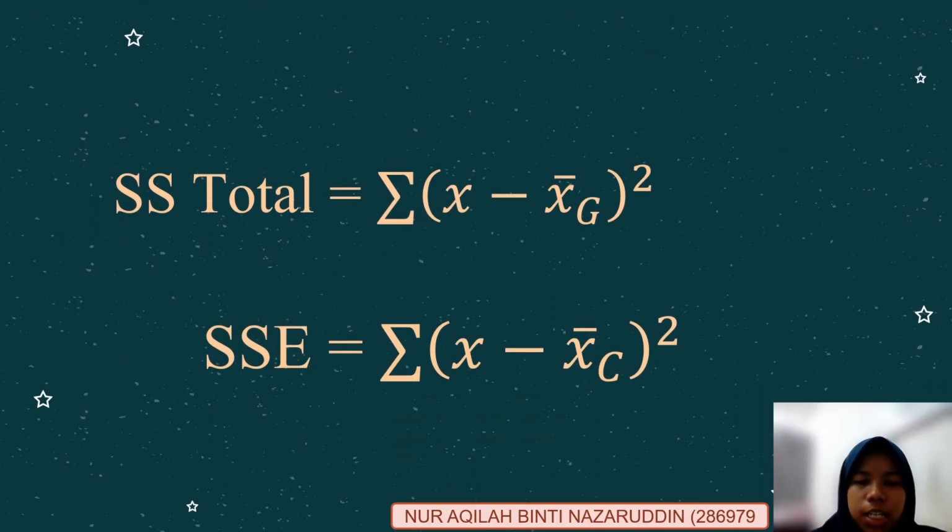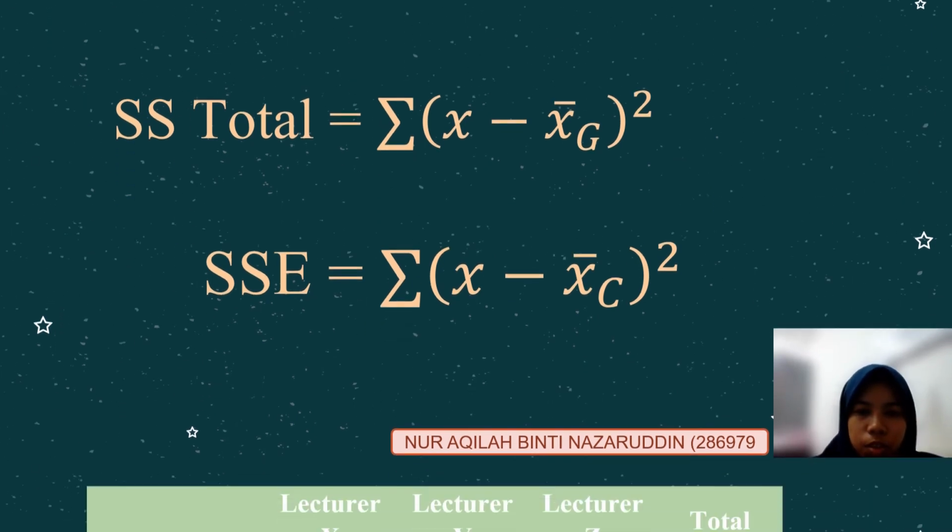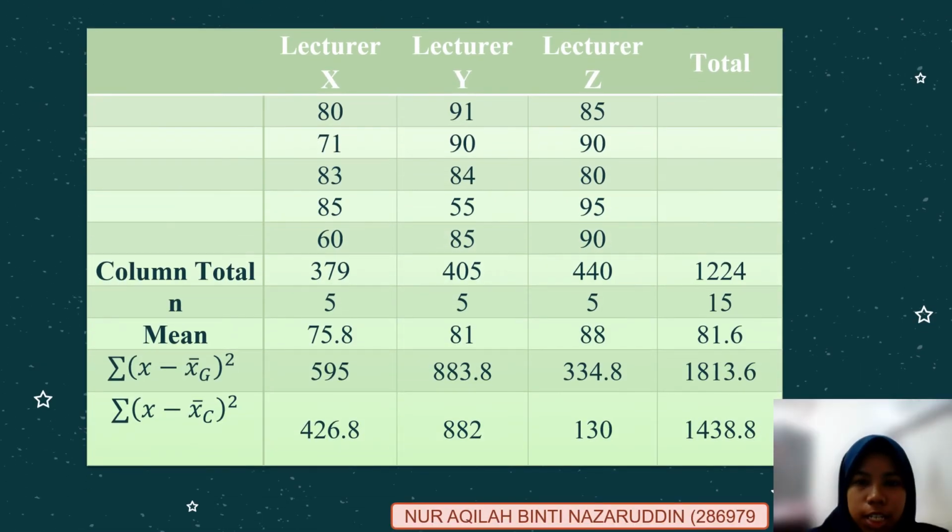Next, in this table, we use the formula SS total, which is, as you can see, there are x bar sub g. X bar sub g means grand mean, and then SSE means sum of squares error, and then there are x bar sub c, which is sample mean of treatment C. So next is the result that we get from performing the calculations.